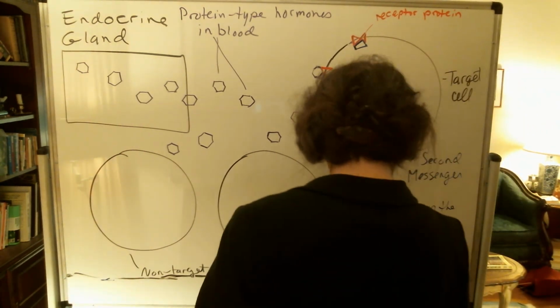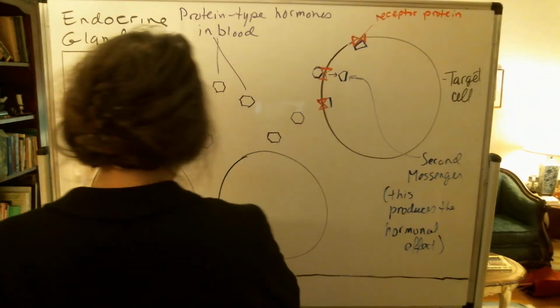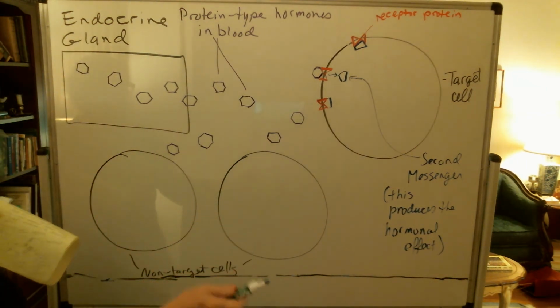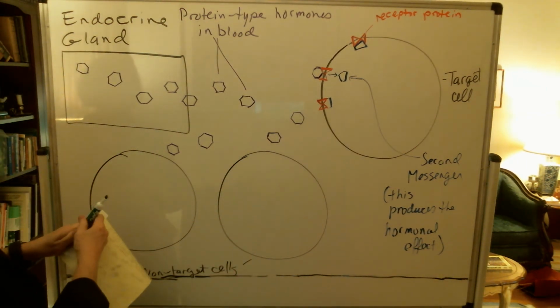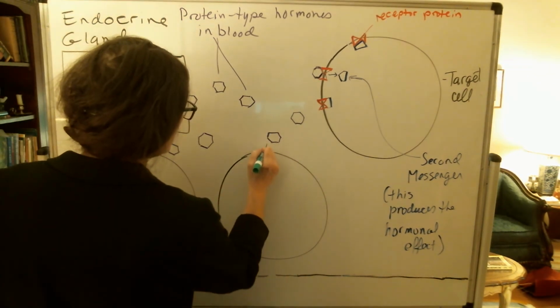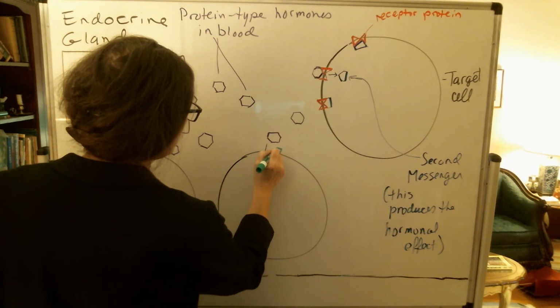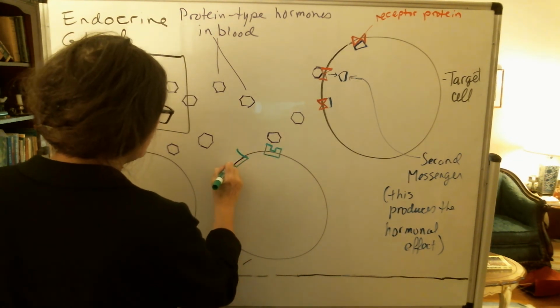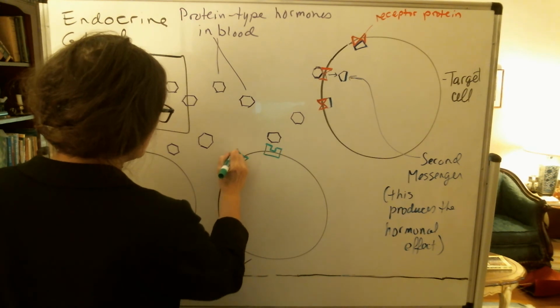Now let us say instead you have either no receptors on the cell's surface, or maybe you have some inappropriate receptors.